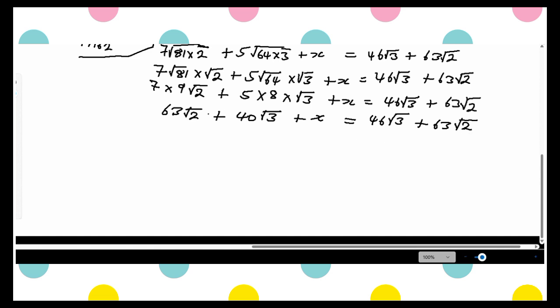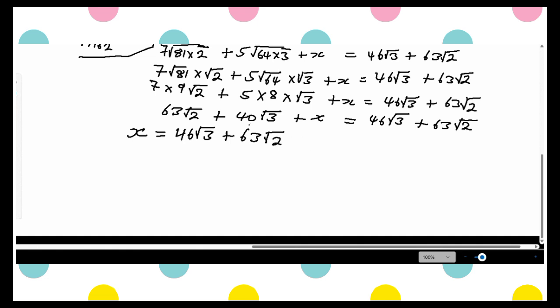So we can send the terms at the left hand side to the right hand side such that x will stand alone, and then we simplify to get the value of x. So x is equal to, let me write what is at the right hand side first, 46 root 3 plus 63 root 2.